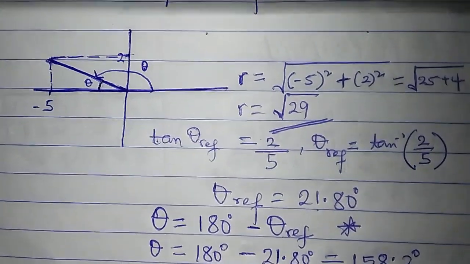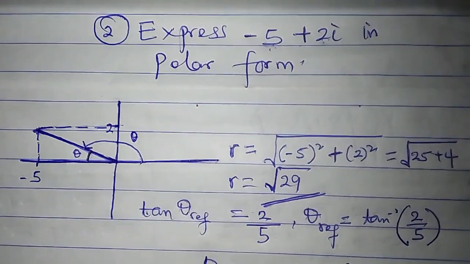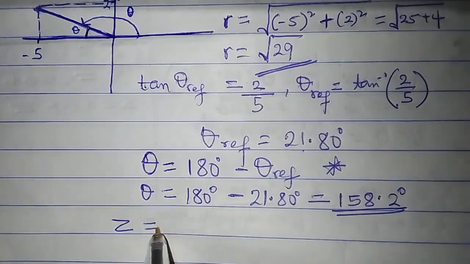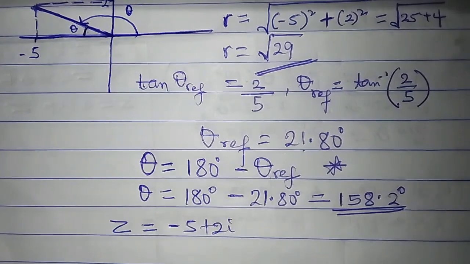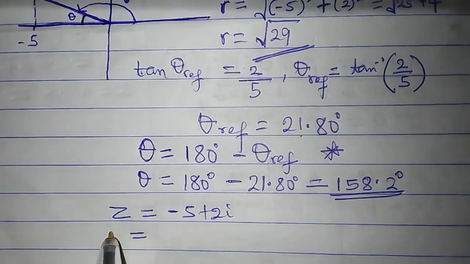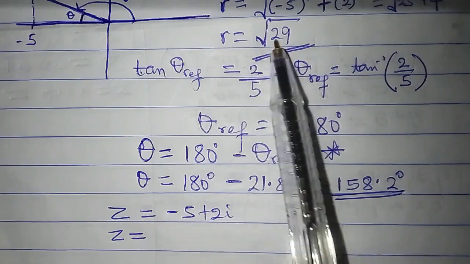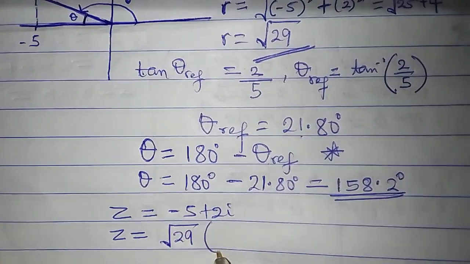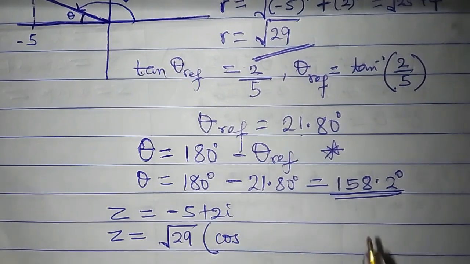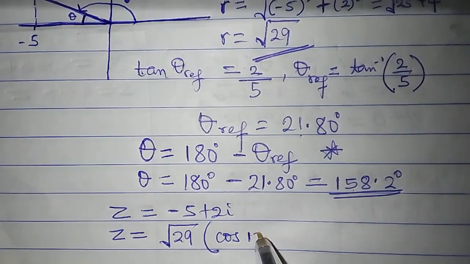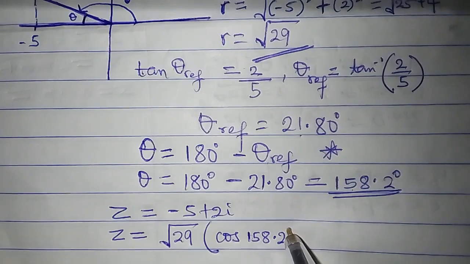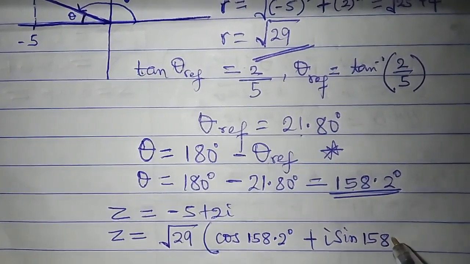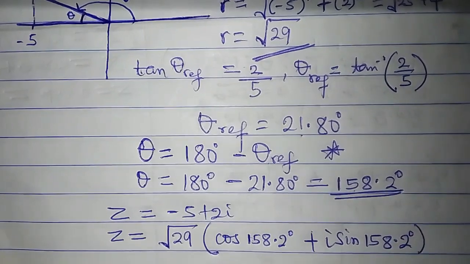Therefore, in polar form, minus 5 plus 2i is equal to this. Z equal to minus 5 plus 2i in polar form is equal to r, and r is root 29. Root 29 in brackets cos theta, which is 158.2 degrees, plus i sine theta, which is the same 158.2 degrees.